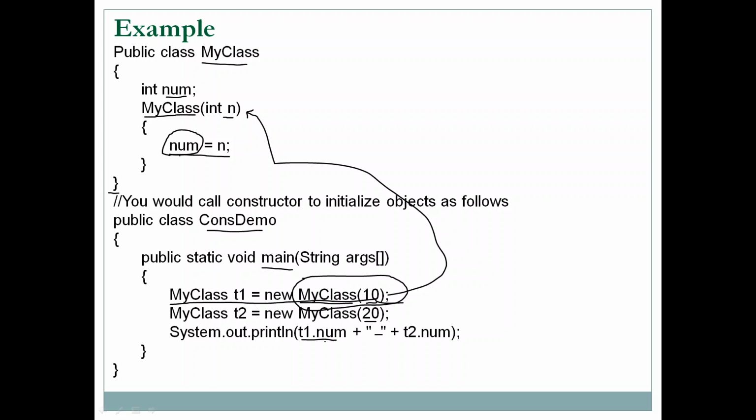So t1.num will print the value 10, whereas t2.num will print the value 20, because t1.num and t2.num are two different variables, not the same variable. Okay, let me execute this and show you the output of this particular program.